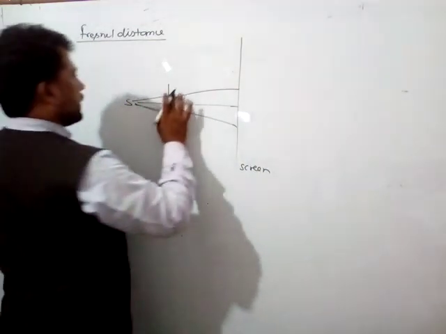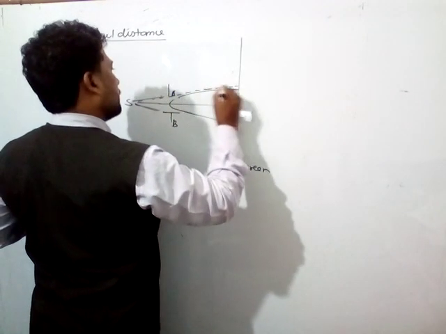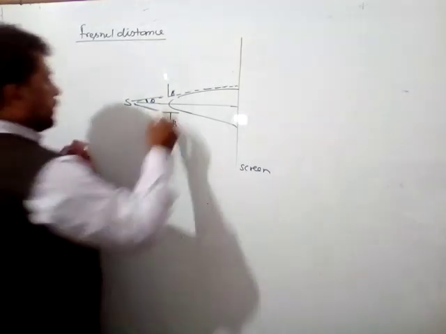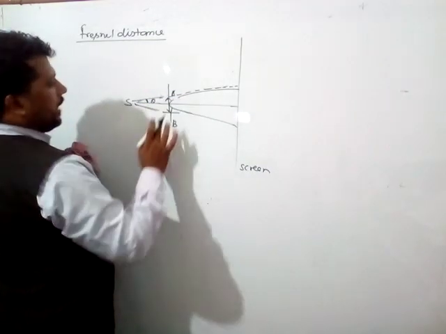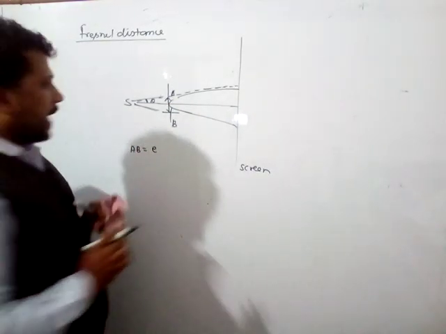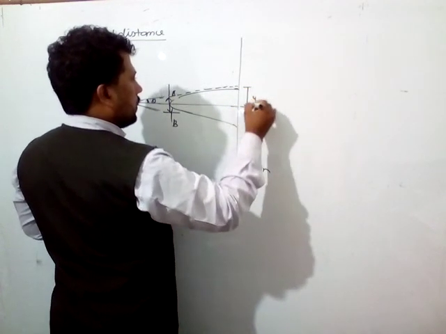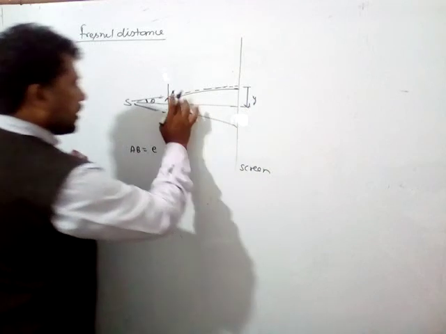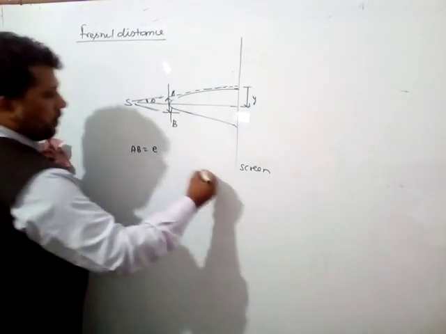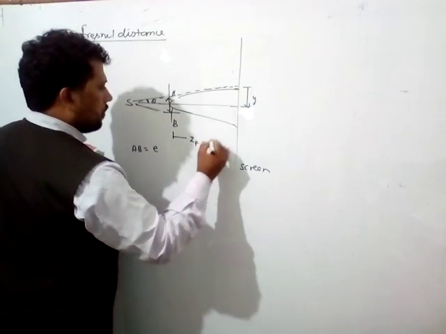You know that this is angle theta. So what is the Fresnel length? You know that this is the size of AB, that is e. Whenever the light is spread on the screen to a width y which equals the size of the hole, meaning y equals e, then ZF will be equal to D.